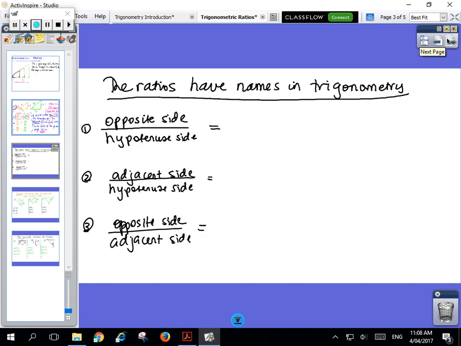Okay, so the ratios that I looked at on the previous page, opposite over hypotenuse, adjacent over hypotenuse, and opposite over adjacent, these ratios have names. And the first one is called the sine ratio. And on your calculator, they abbreviate it to SIN, which is not sin, it's sine. Okay.